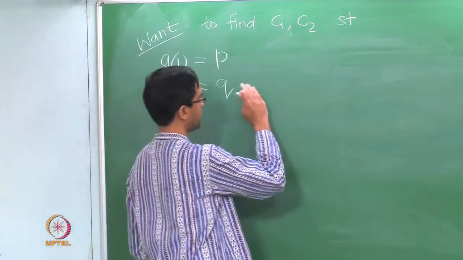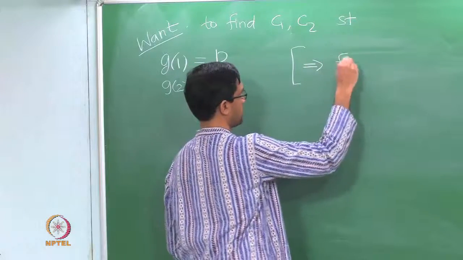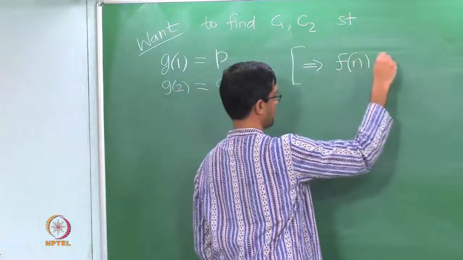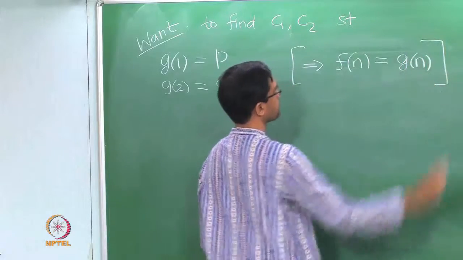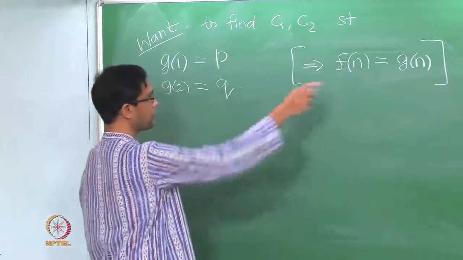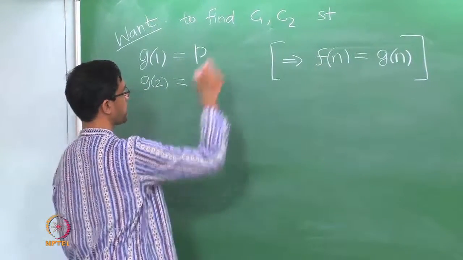Observe, if we can do this, then the sequence f that we want must in fact equal the sequence g, and that would give you a formula for f of n, because g of n is of course given by a formula.